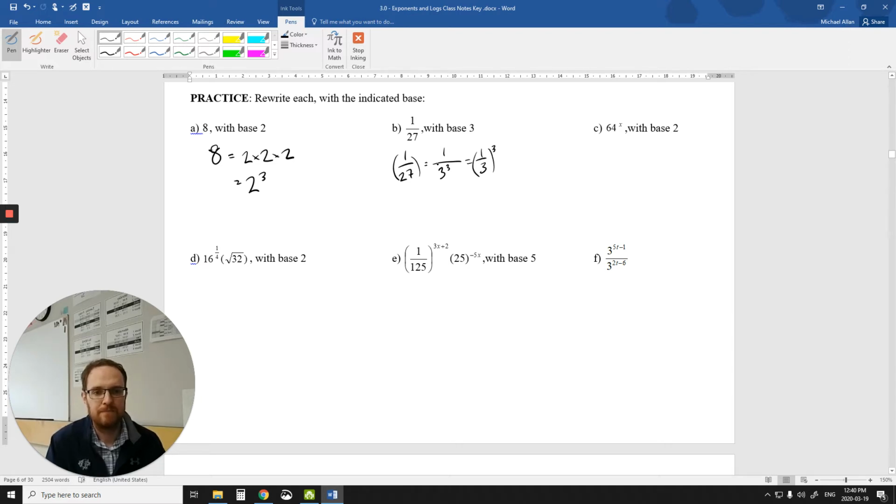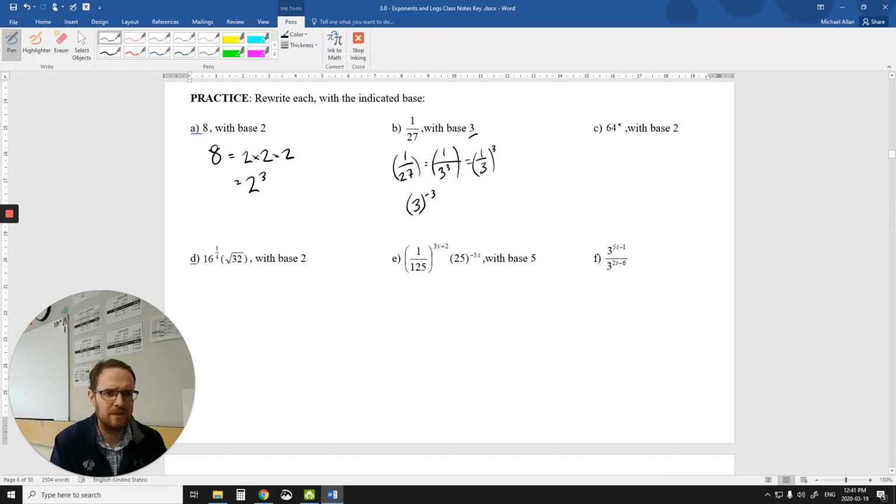All right? Because that same rule I had before, because of the 1 on the top. If you expand this out, 1 cubed to be 1, 3 cubed to be 27, it'll end up being 1 over 27 still. Now, I want it to be base 3, not base 1 over 3, so I want to do a little reciprocal. So we're going to take that, and we're going to flip it over, and by doing so, we change the exponent to be a negative exponent instead. So that's what it would be as base 3.